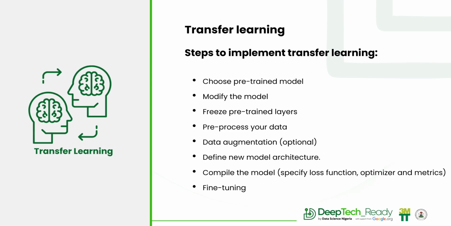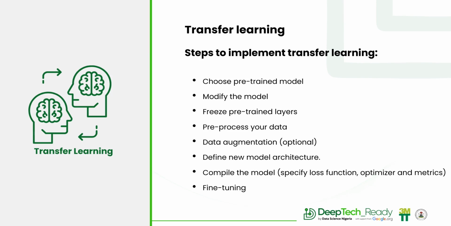Data augmentation is only needed if you don't have enough data and you want to scale up your data set from, let's say, 500, generating some new data from the same 500, so that you can now have, let's say, 2000 data. Okay, then the next thing after data augmentation, which is optional, is defining your model architecture.